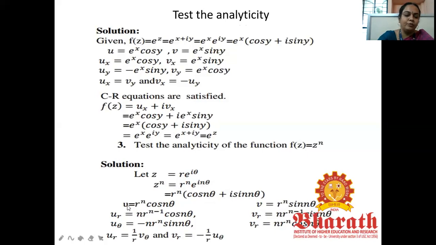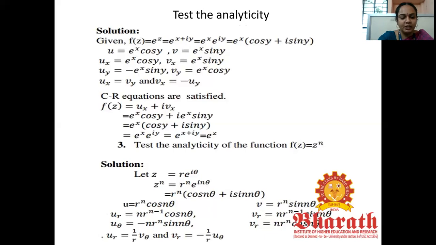Take the derivative of u with respect to r. ur is equal to n r power n minus 1 into cos n theta. Similarly, vr is equal to n r power n minus 1 into sin n theta. Now u theta, that means we differentiate u with respect to theta. The derivative of cos n theta is minus sin n theta into n. Similarly, v theta is also given here.